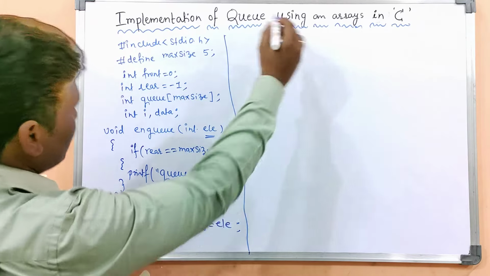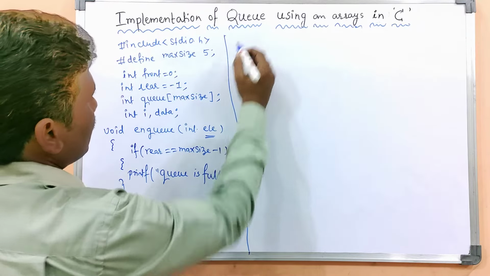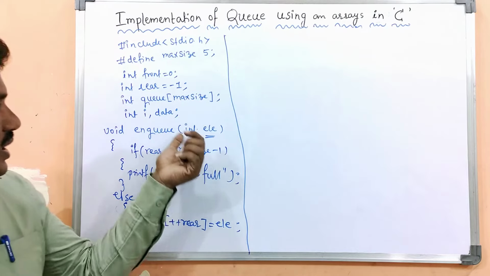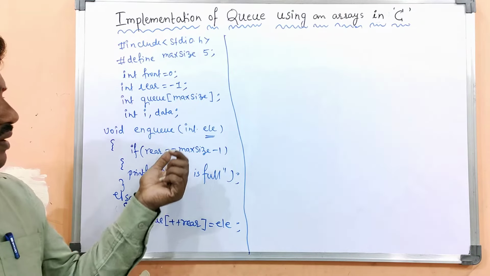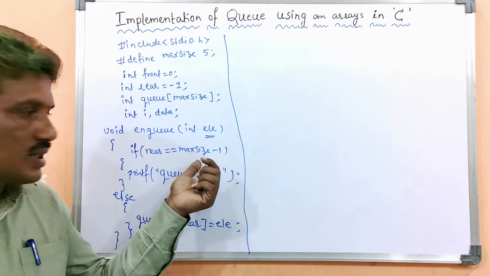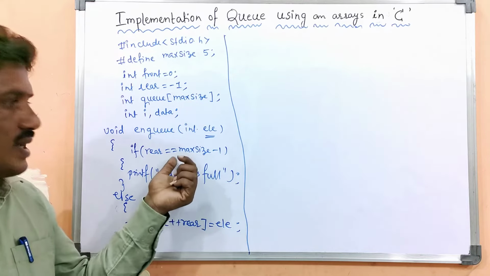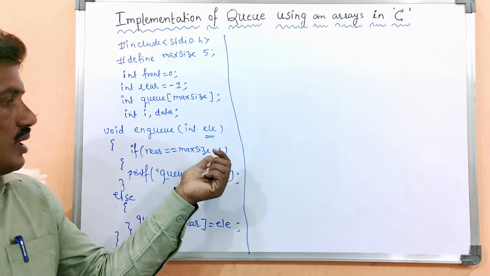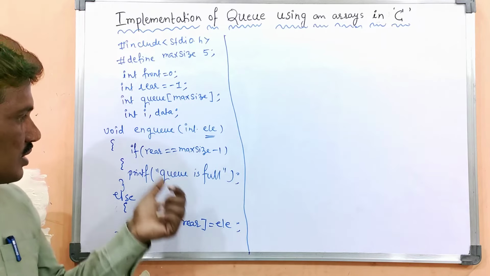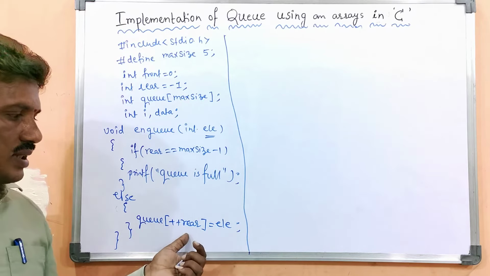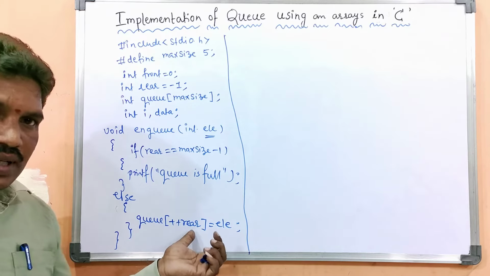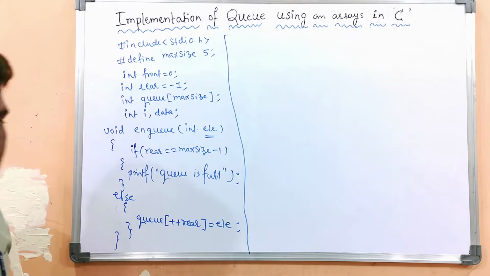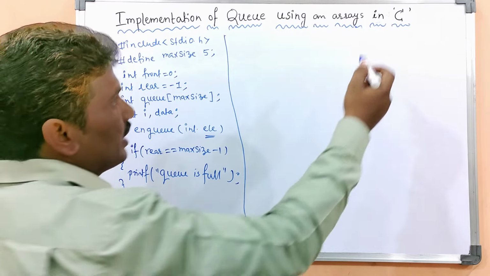Okay, after that, nothing else. Before inserting data into the queue, we check the condition whether the inserted element can exceed the queue size or not. If the condition is false, only then can we insert the data into the queue. Because initially the queue is empty.